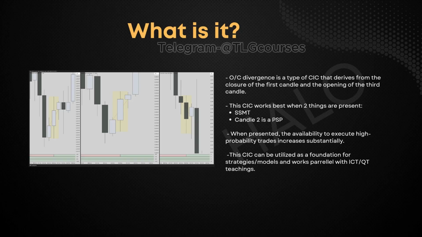So when presented, the availability to execute high probability trades increases substantially. Now, again, when I say when presented, I don't mean just the open close divergence. I mean the open close divergence with the sequential SMT and the candle 2 as a PSP. The reason why those go hand in hand is because it is basically the way that they taught how to trade PSPs, and I'm going to go over that later.